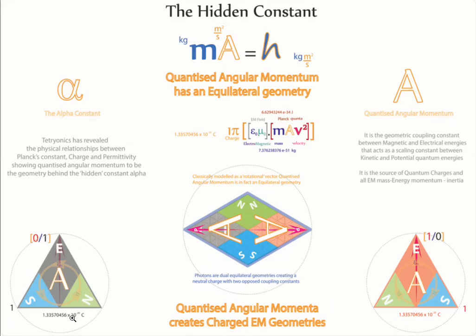Alpha per c squared gives us quantized charge, 1.335 by 10 to the minus 20 coulombs. Of course, multiplying this number by 12 for the charge geometry of a lepton, in the case of negative charges, will give us the elementary charge of an electron.